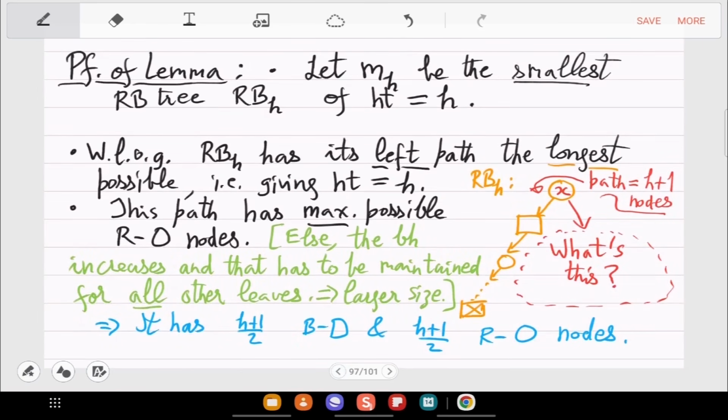Mm-hmm. So we should take the root node to be black also, you are saying. No, no, but will the problem be solved if we say that the root is black?